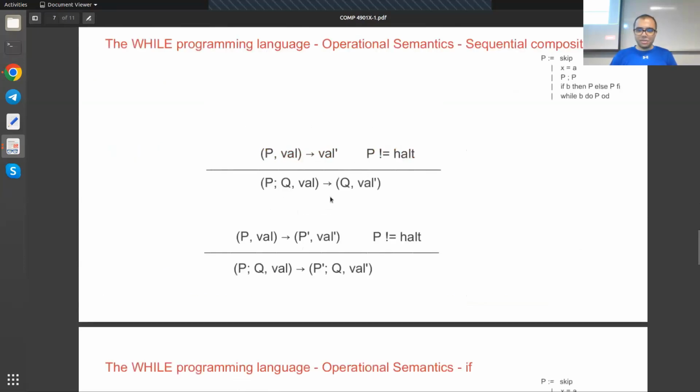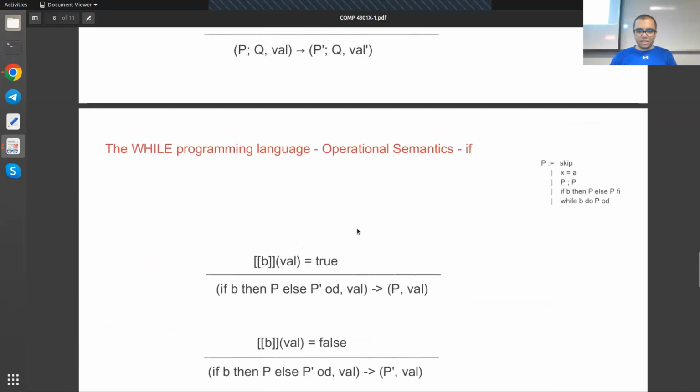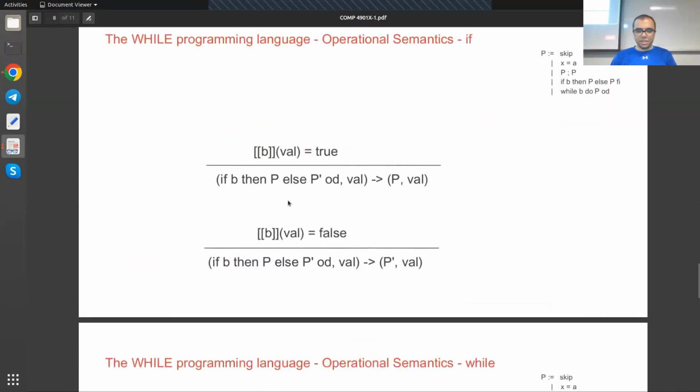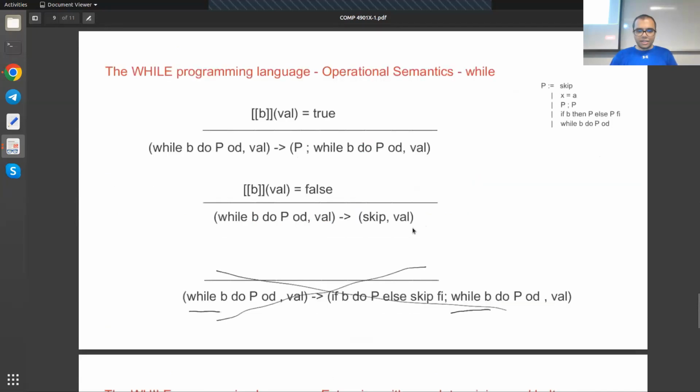So we had rules for sequential composition, we had rules for if, something like this. And we especially saw the rule for while, and we saw a wrong rule for while. So I'm putting the wrong rule in the slides as well, so that you remember not to use this.